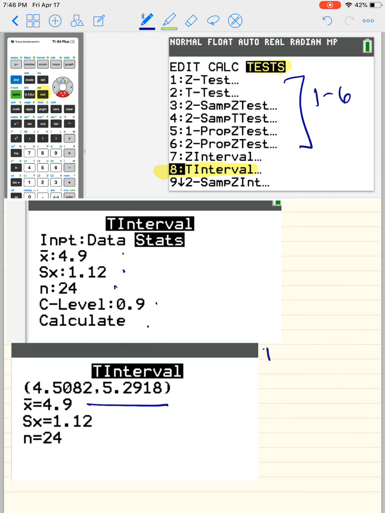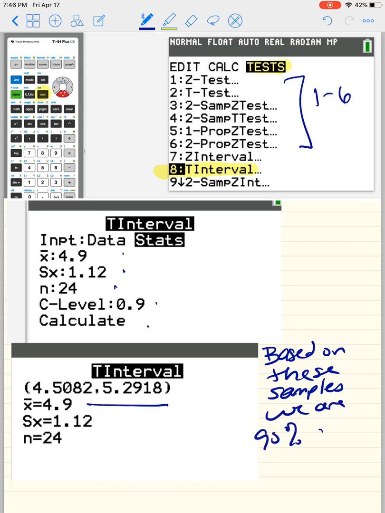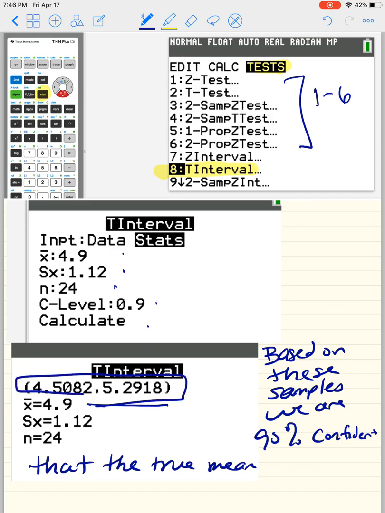Well, based on these samples, we are 90% confident that the true mean lies in the interval above.